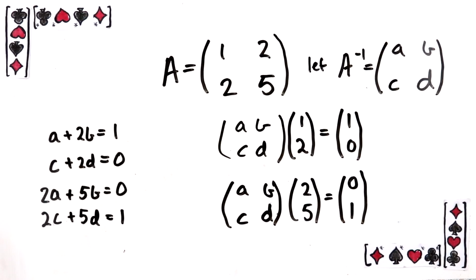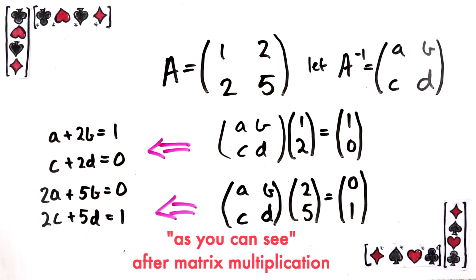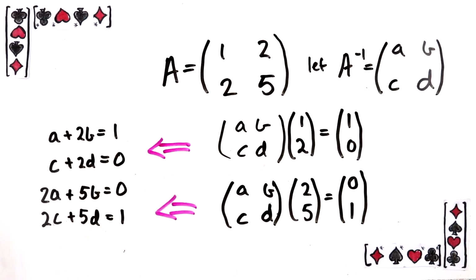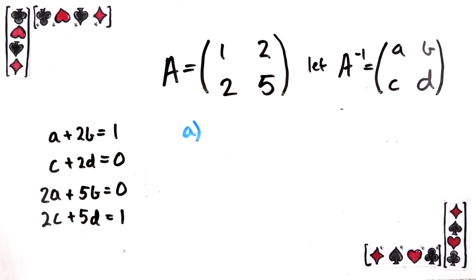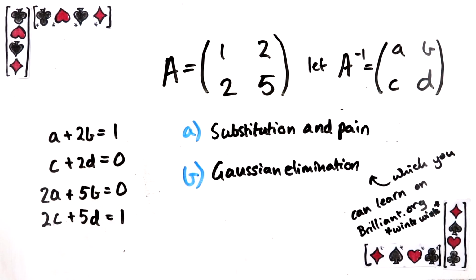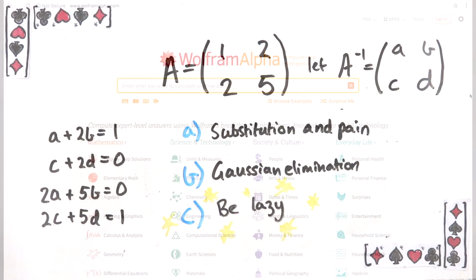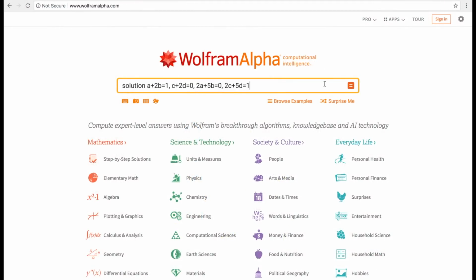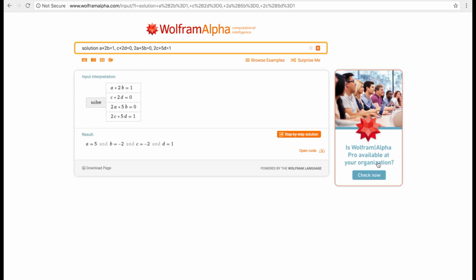As you can see, that leads to these 4 different equations. You can solve the unknowns and find the inverse by A, substituting equations into each other, B, using Gaussian elimination, or C, getting your computer to do the Gaussian elimination for you. Doing one of these, you can see the answer is D.